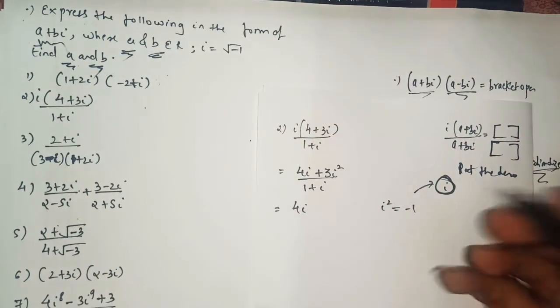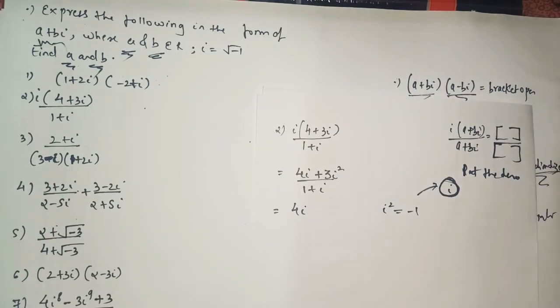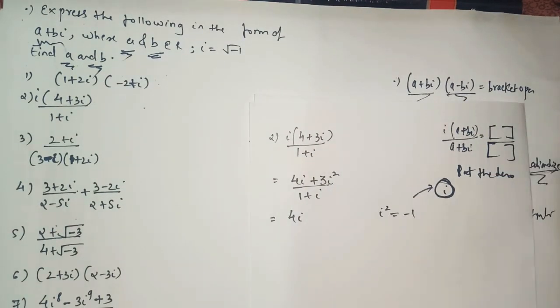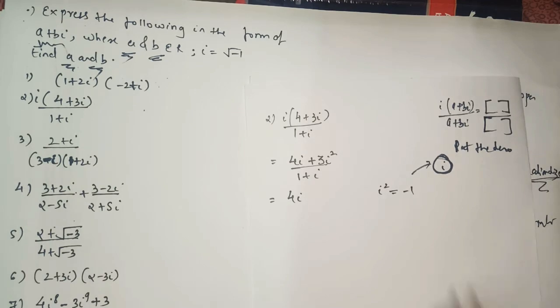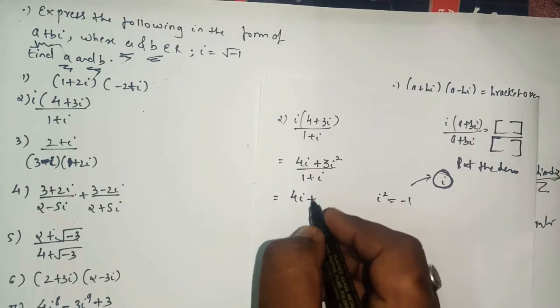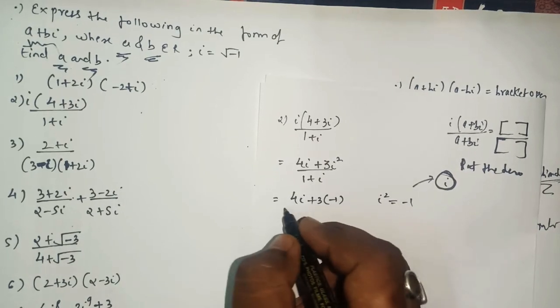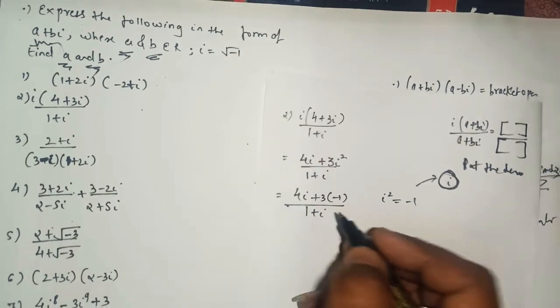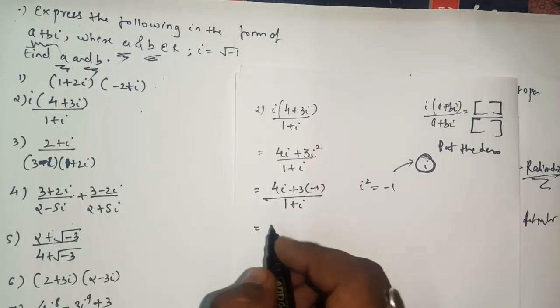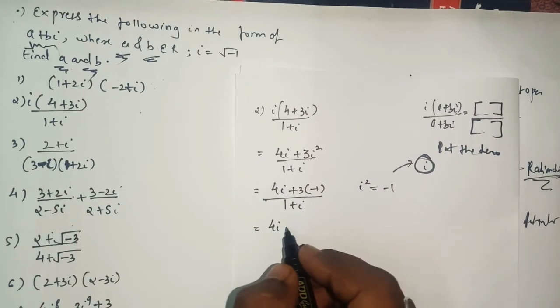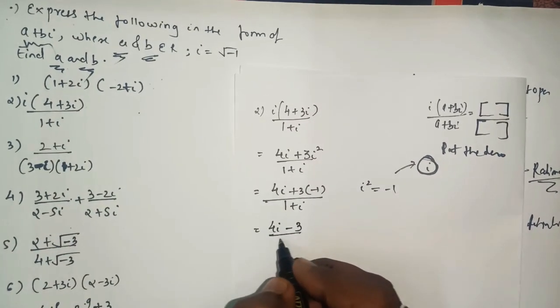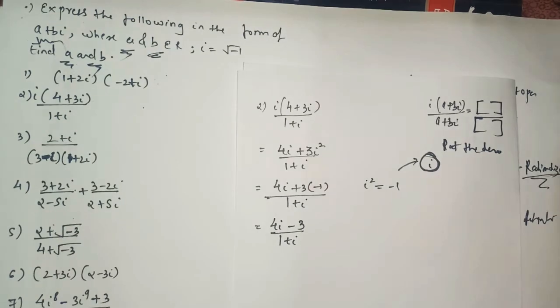You have to change only the value of i square, i cube, when the power is more than 1. If the power is more than 1, you have to change the value. Okay, so here plus 3i square is what? Minus 1 upon 1 plus i. So here this will be 4i minus 3 upon 1 plus i.